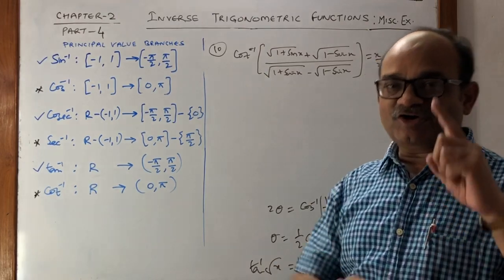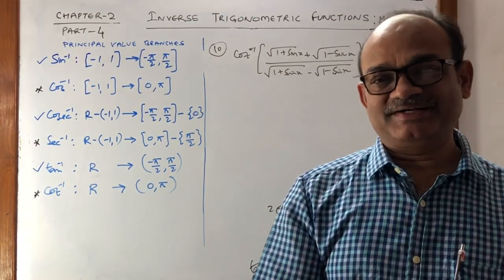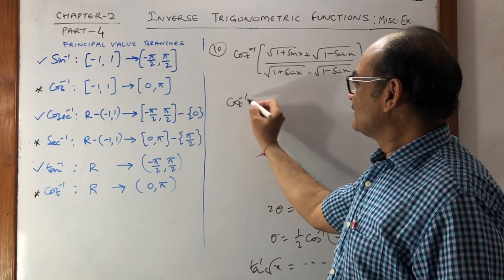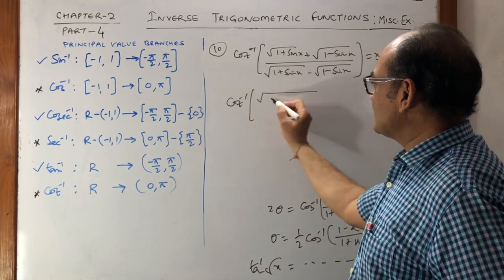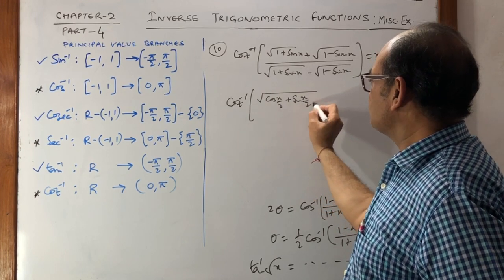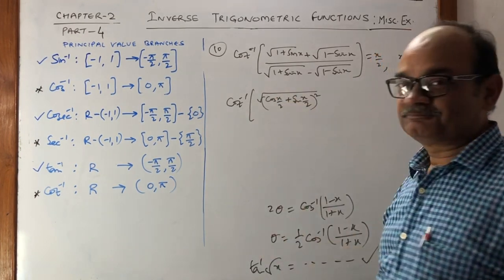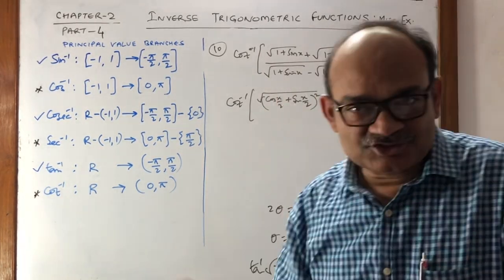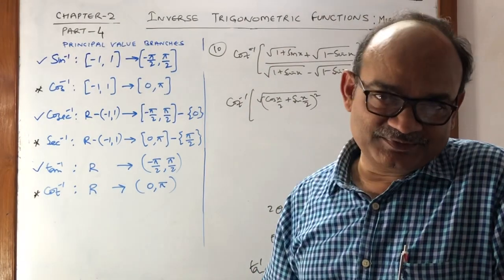Again, recall your class 11th concept of trigonometry. 1 plus sin x we may write as cos x by 2 plus sin x by 2 whole square. Why? a plus b whole square is a square plus b square plus 2ab.